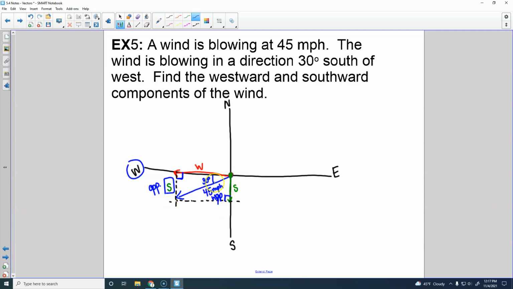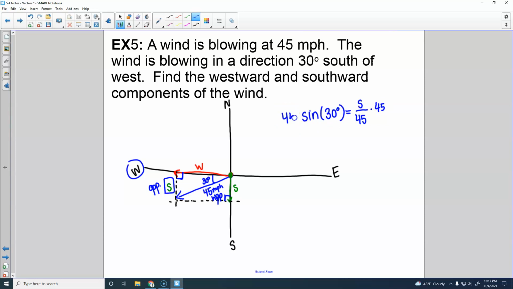But either way, this is the hypotenuse. So opposite and hypotenuse is going to be sine. So I'm going to say sine of the angle, sine of 30, equals the opposite, which is S, over the hypotenuse, which is 45.